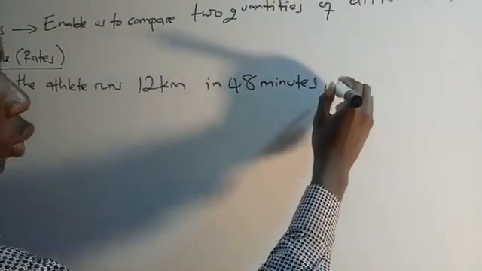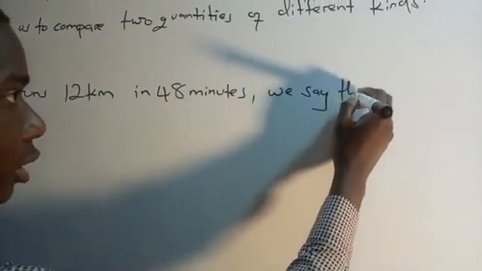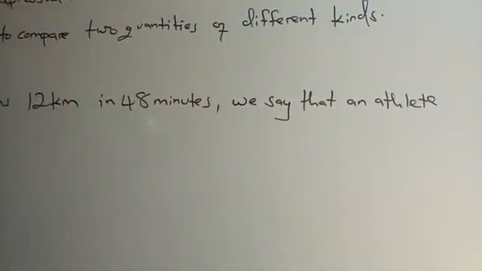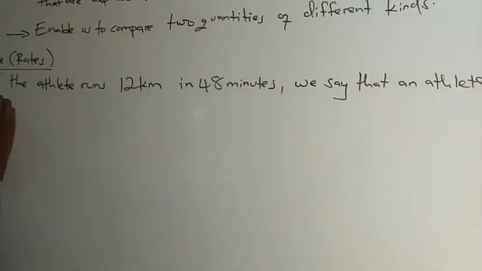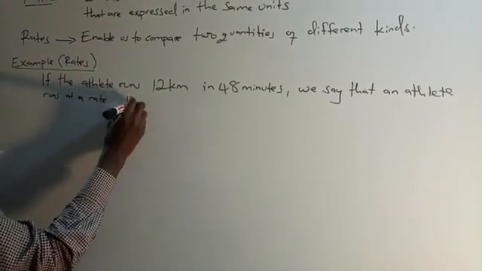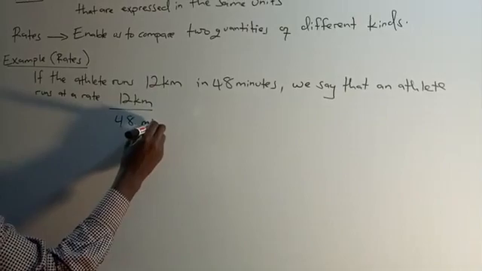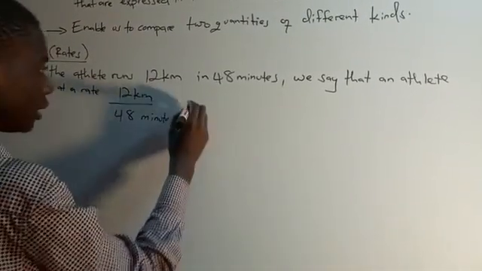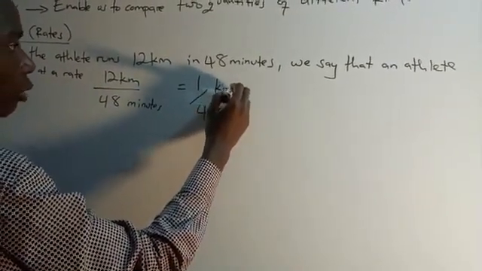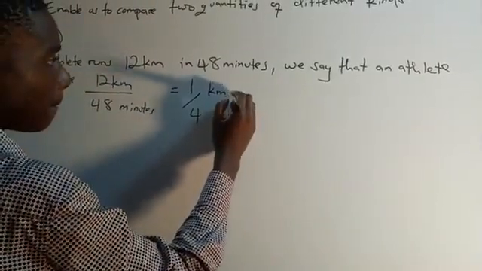We say that an athlete runs at a rate of 12 kilometers over 48 minutes, becoming a quarter kilometer per minute.